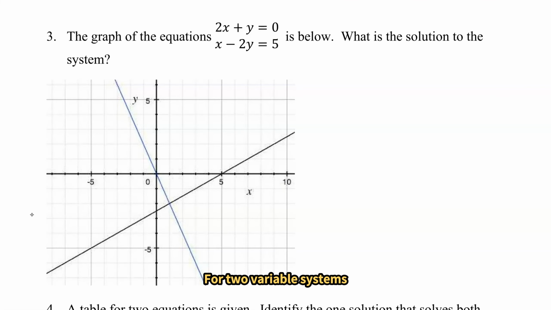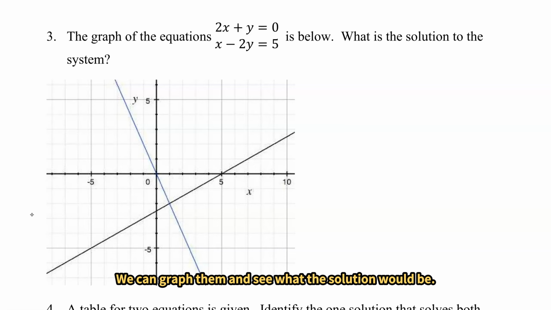For two variable systems, like what we're doing right now, we can graph these lines, because that's what they are, they're lines. We can graph them and see what the solution would be. Remember that a solution is an ordered pair that solves both equations, an ordered pair that's on both lines at the same time.